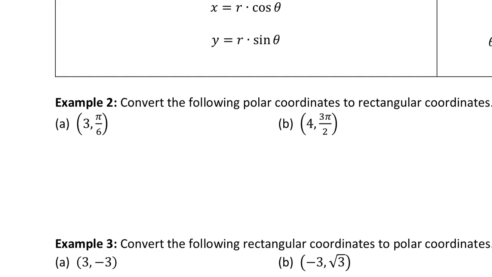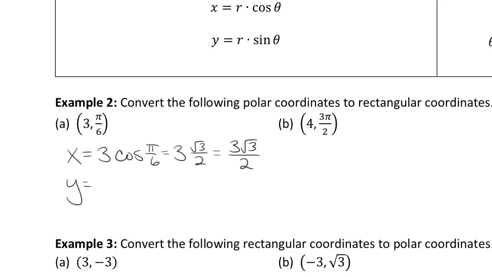For 3 comma pi over 6, to find x we would do x equals 3 times the cosine of pi over 6. Here's where knowing our unit circle is very important. What is the cosine of pi over 6? Square root of 3 over 2, correct? And so we have 3 times square root of 3 over 2, which means the x-coordinate is 3 square root of 3 over 2.